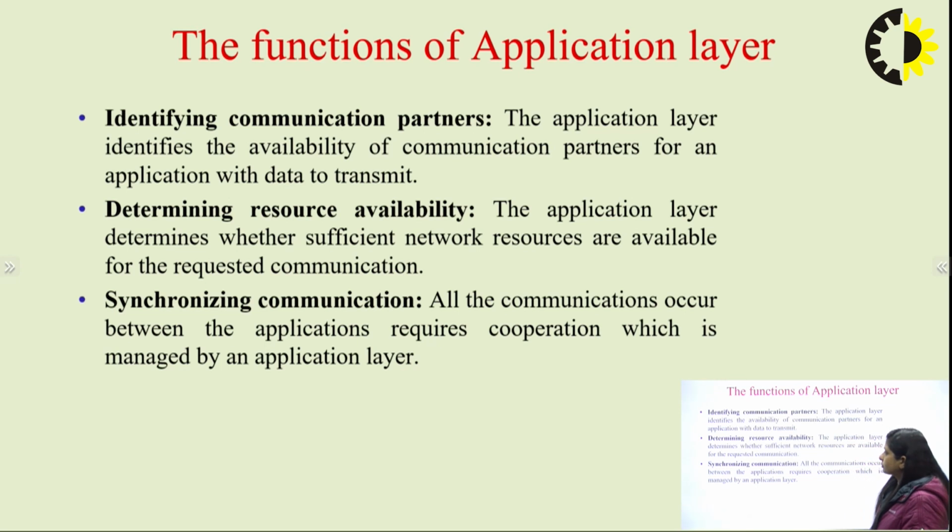Number two, it needs to determine whether the resources are available. So, determining resource availability is another function of the application layer. The application layer determines whether sufficient network resources are available for the requested communication.